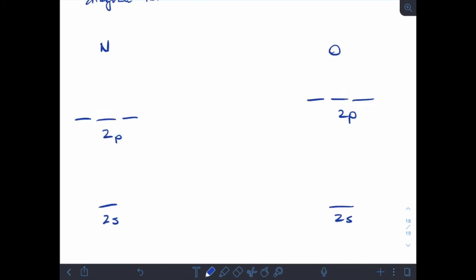Right? So let's construct our diagram. So at the top here, I've got my sigma star 2p, and the next one down is my pi star 2p, and then my bonding pi, and my bonding sigma.